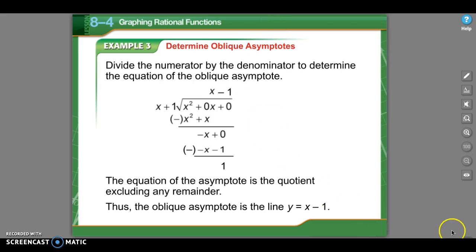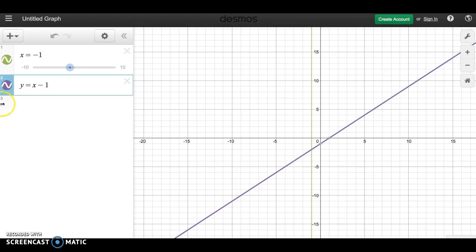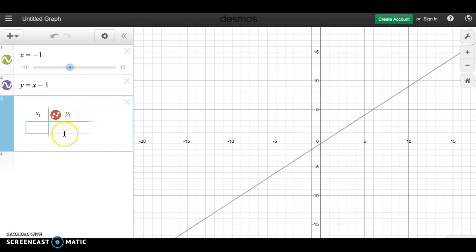What we're going to do next is make our table of values. Our vertical asymptote was x equals negative 1, so we're going to pick some values around x equals negative 1. Let's go with negative 5, negative 3, negative 1.5, negative 1.25.